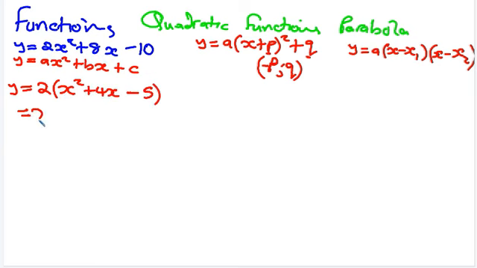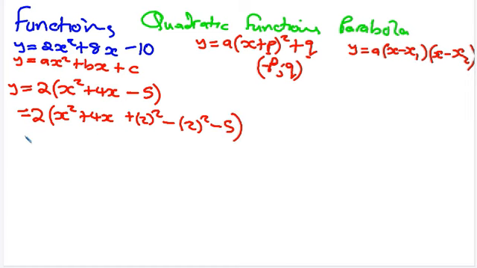Then from there, you need to add and subtract half of this one, squared, that is 2 squared, and then you subtract the same thing, 2 squared, and then there is minus 5, close the bracket.